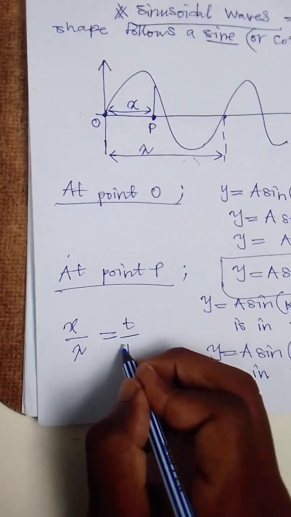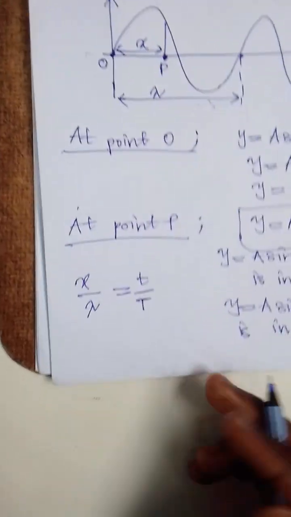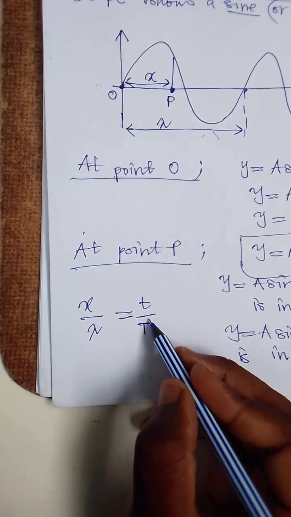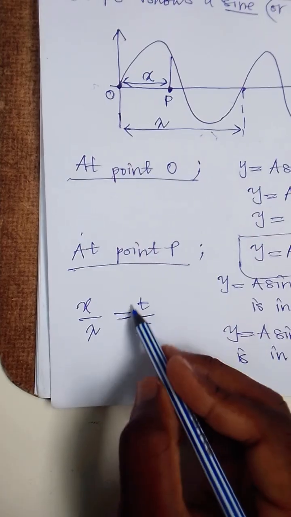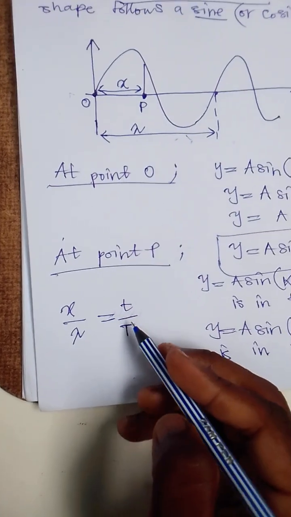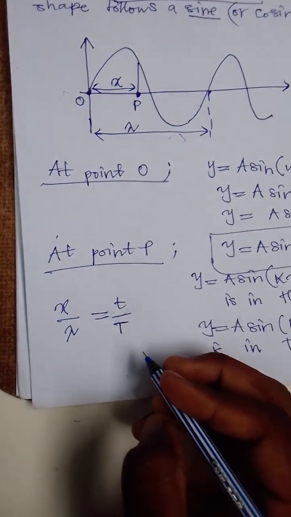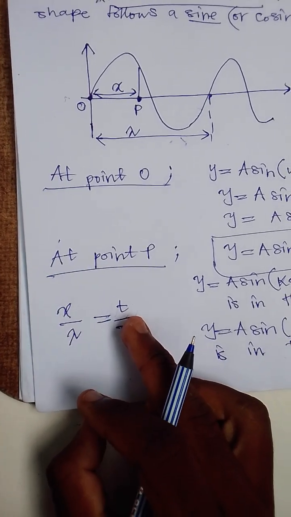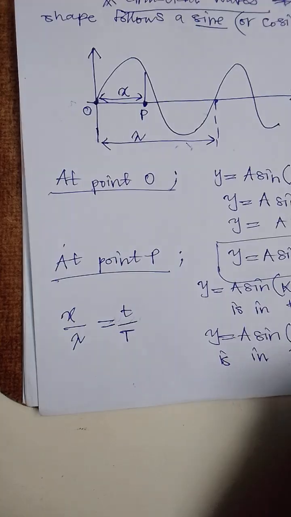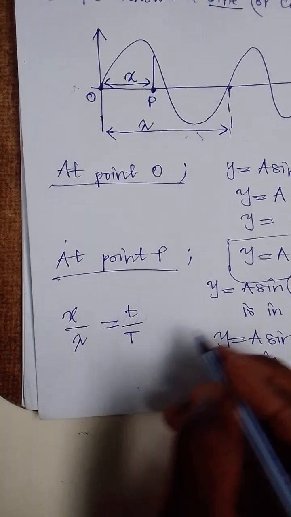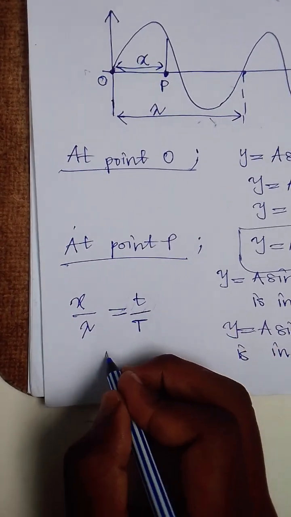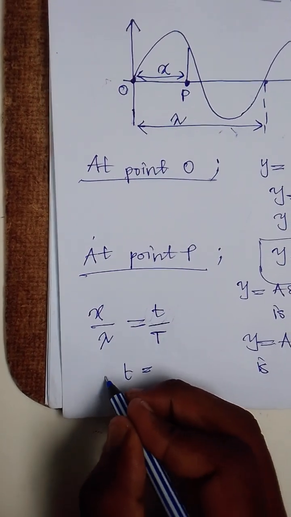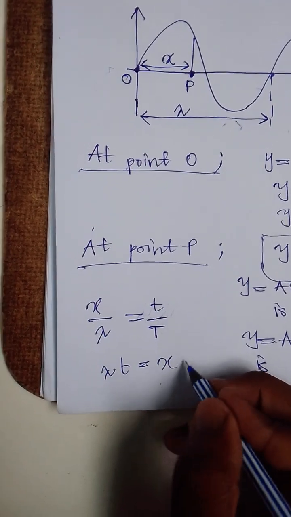So period. Now I need to make my t the subject. If I cross multiply, I get lambda t equals x T.